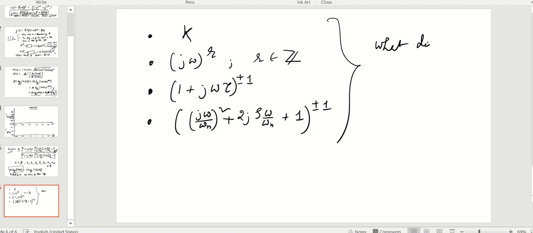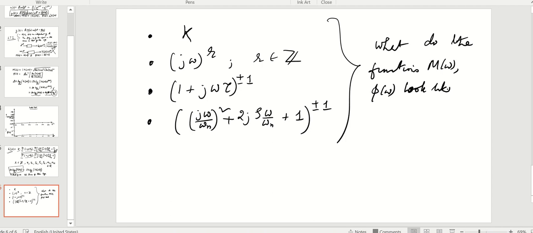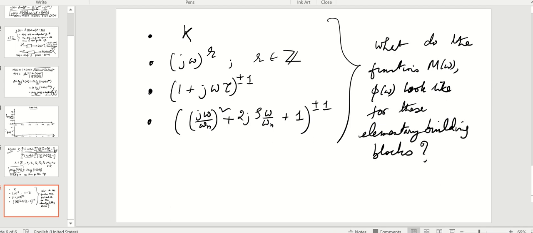All right. So the point is that if we are able to determine what the functions M(ω) and φ(ω) look like for these elementary building blocks, then our hope is that we can just sum them.